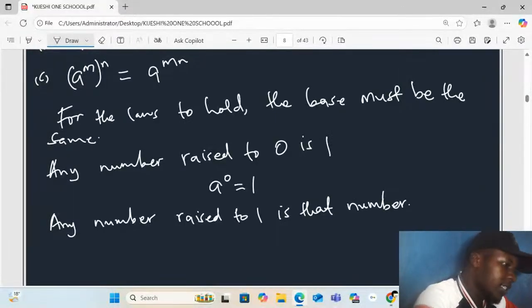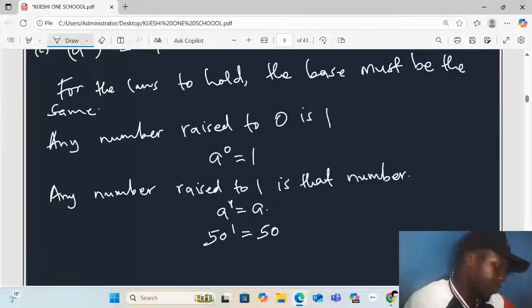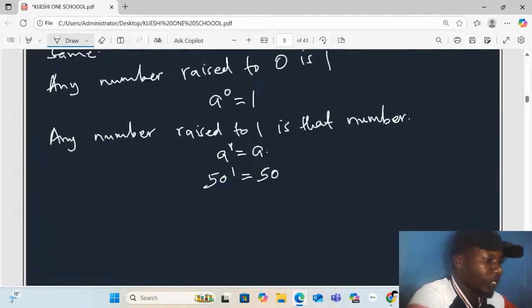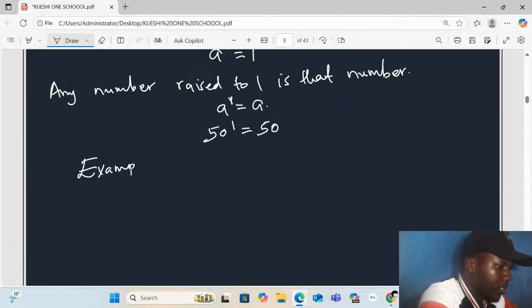For instance, A raised to 1, you'll get A. Numbers like, let's say, 50 raised to 1, you're going to get 50. So with that, we can look at a few examples for us to apply the laws and see how they work.